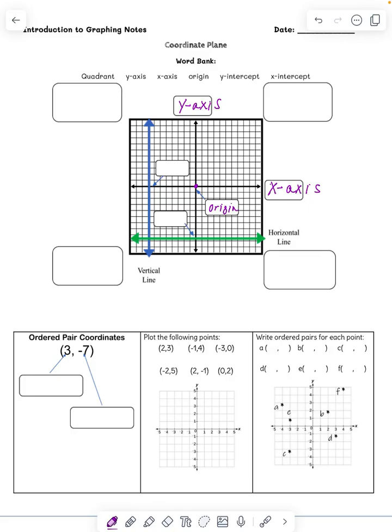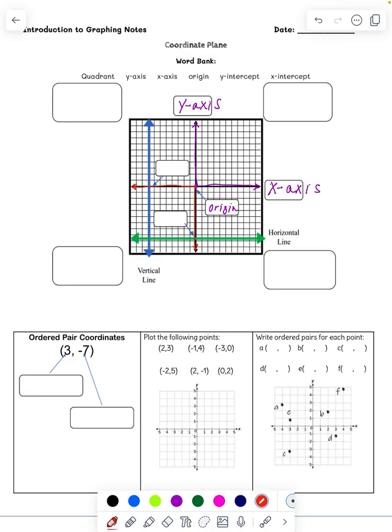So remember how your number lines go. This direction is positive. This direction is positive. This direction is negative numbers, and this direction is negative numbers. Okay? Two number lines crossing like an X.